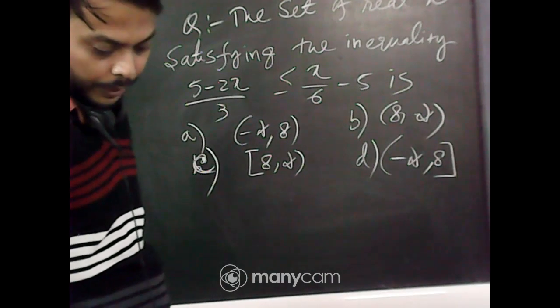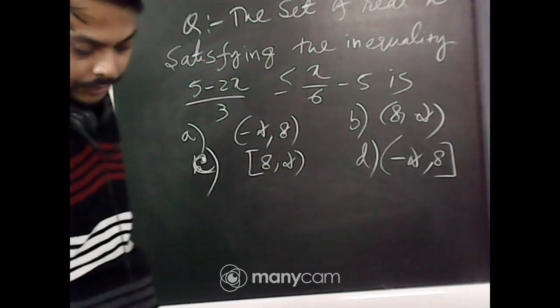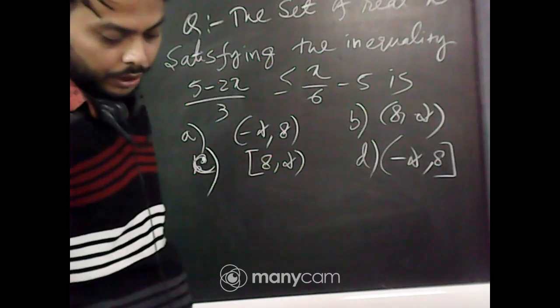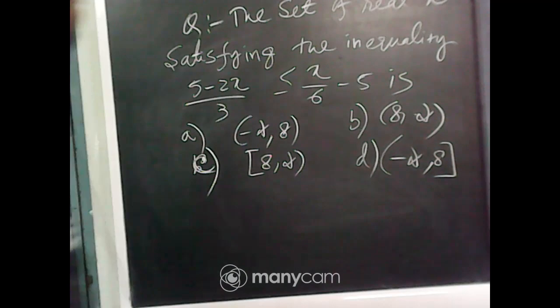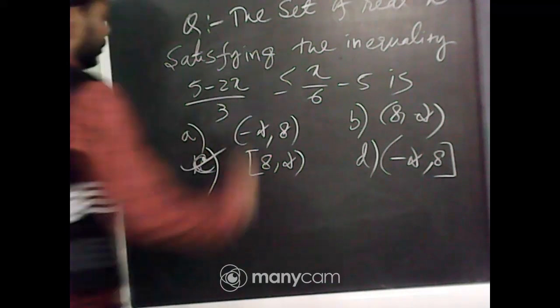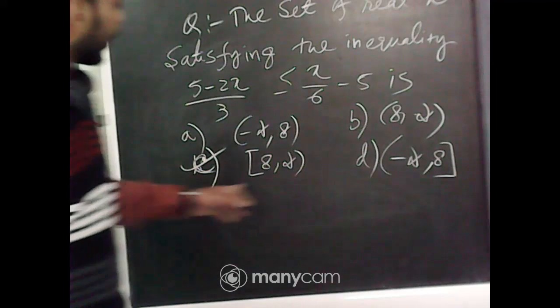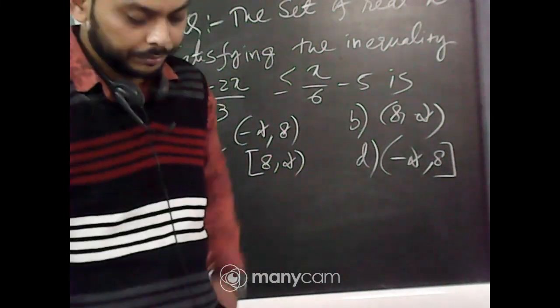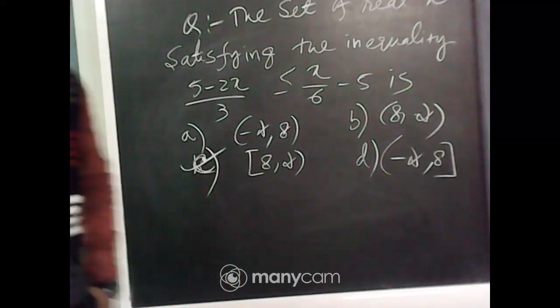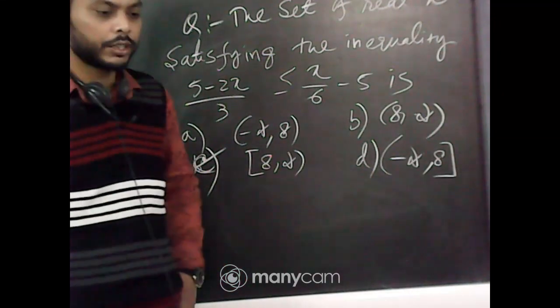It will give you x greater than or equal to 8. After solving this inequality, it will give you x greater than or equal to 8. So option C is the correct answer, closed interval 8 to infinity. Have you got it, Krishnendu?